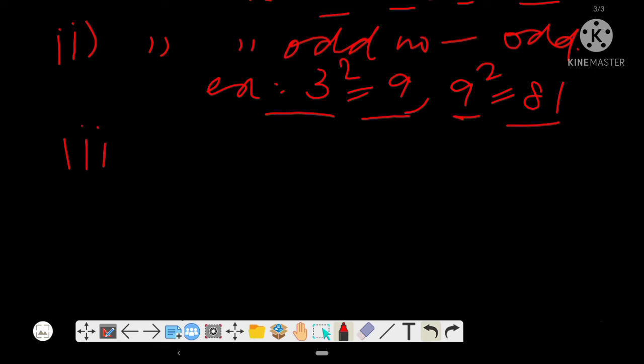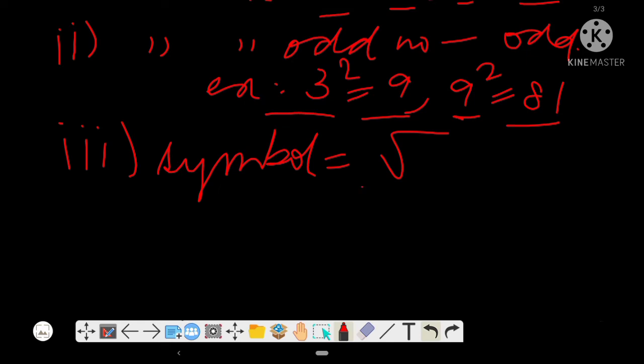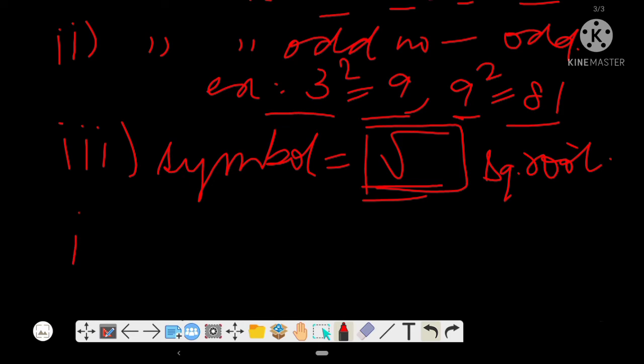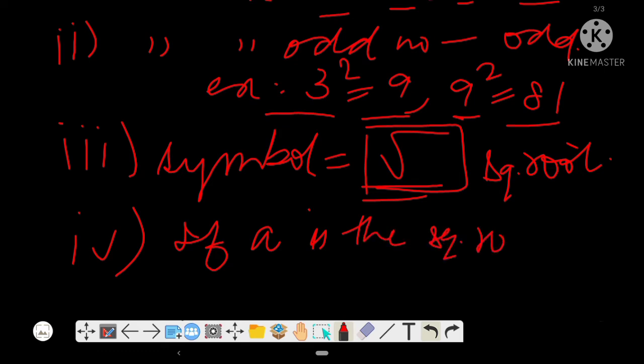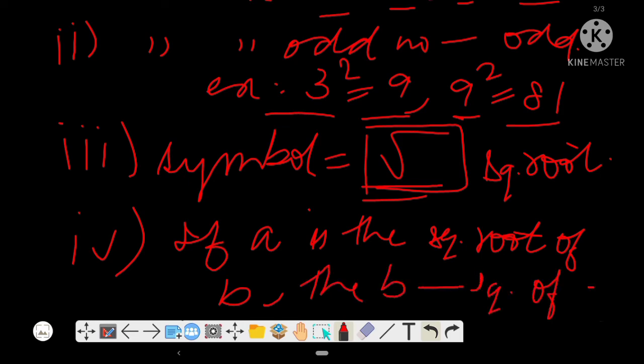Third, we studied about the symbol of root. This is the symbol of square root. And the fourth thing which we observed is that if a is the square root of b, then b will be the square of a.